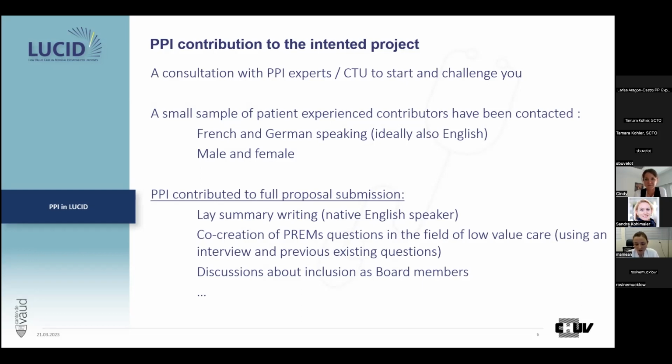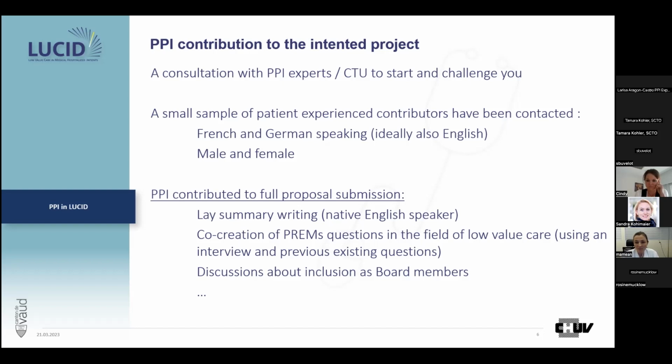The challenge was to have patients in accordance with the project. As I told you, it's about hospitalized patients and quality of care. So we had to find not too young patients, maybe some who had an experience of hospitalization, and also, because it's a national project, it was important for representativeness to have French and German speaking patients, ideally also English speakers, as you will see after how that could be helpful, and male and female.